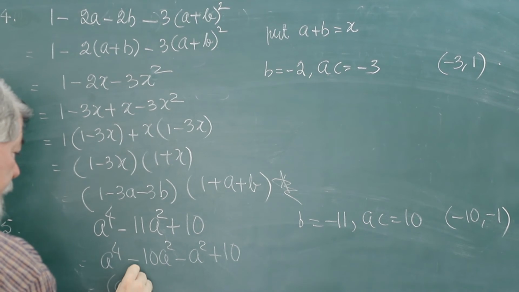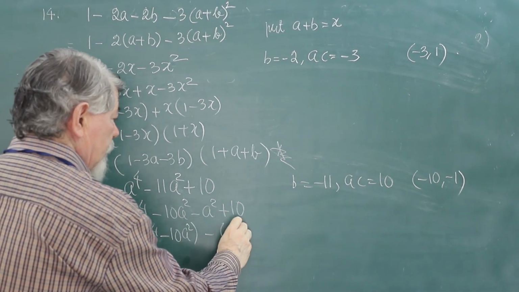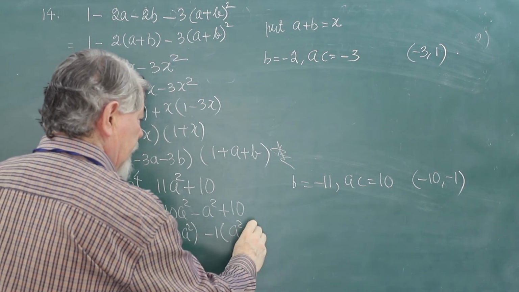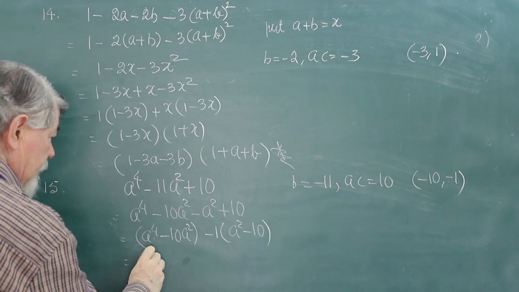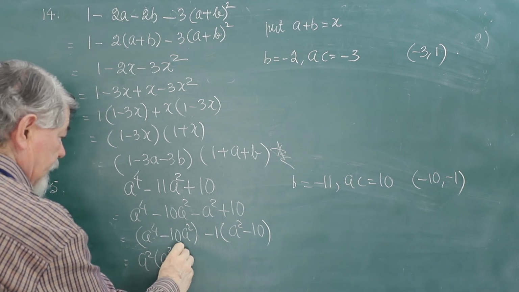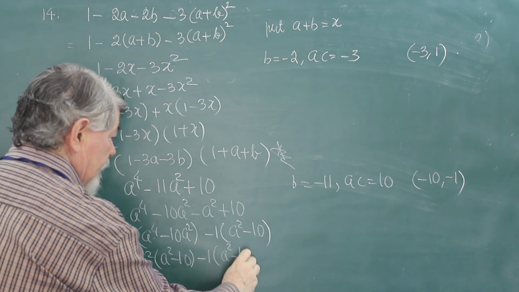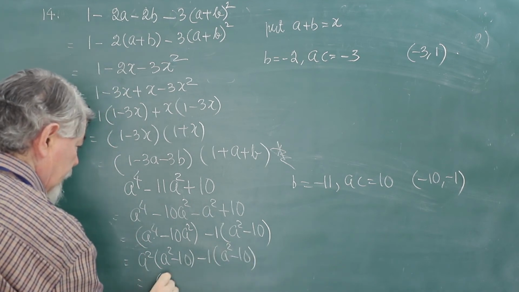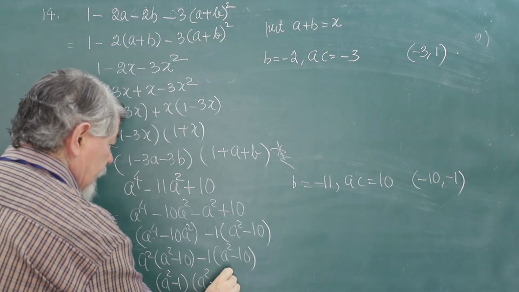First pair is a to the power 4 minus 10a square, and minus 1 is common in the second pair: a square minus 10. Out of the first pair, a square is common, so a square minus 10 minus 1 times a square minus 10. So a square minus 1 and a square minus 10.